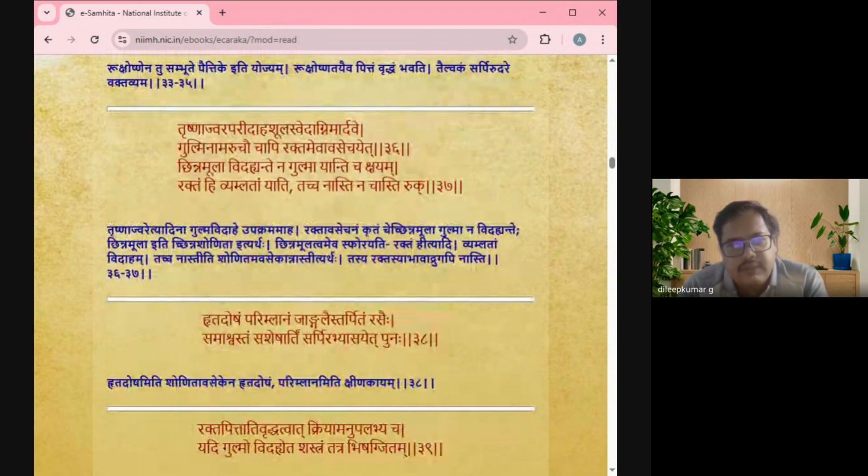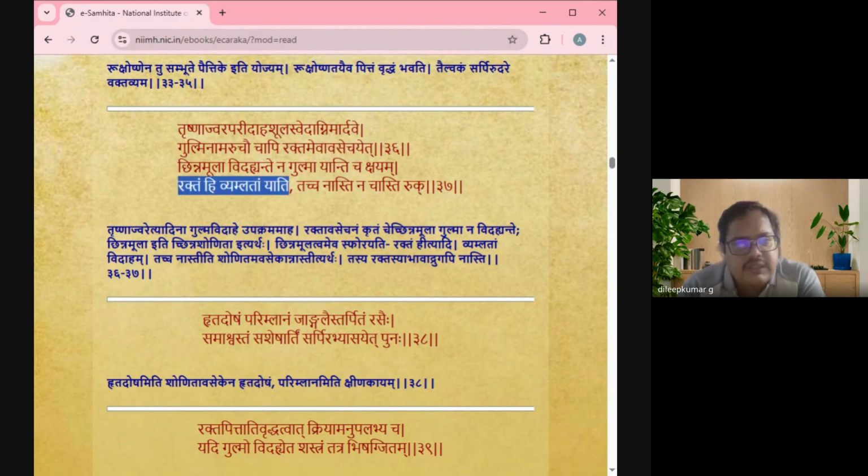Shloka number 37. If there is any Rakta involvement in any of these conditions, Pittaja Gulma, Vataja Gulma, Kaphaja Gulma, you can go for Rakta Mokshana. Raktam hi vyamlatam yati tacha nasti cha nasti ruk.